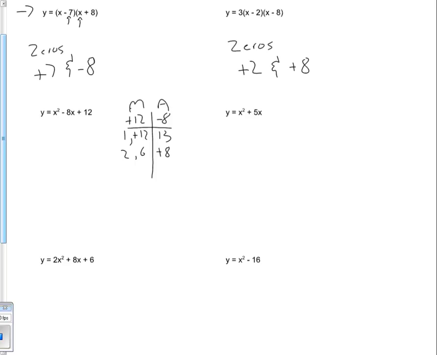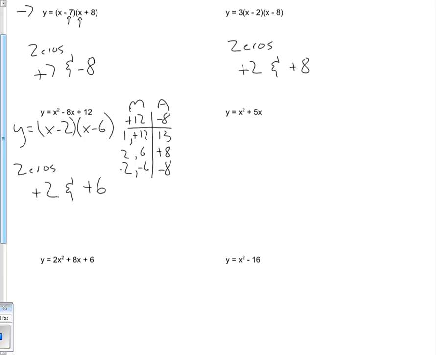I need them to add to negative 8. So in this case, I'm going to flip the sign. Negative 2 times negative 6 also gives me positive 12, but when I add them, it gives me negative 8. So in this case, the factored form is going to be x minus 2 times x minus 6. And so therefore the zeros are going to be positive 2 and positive 6. So the opposite of what's in there.